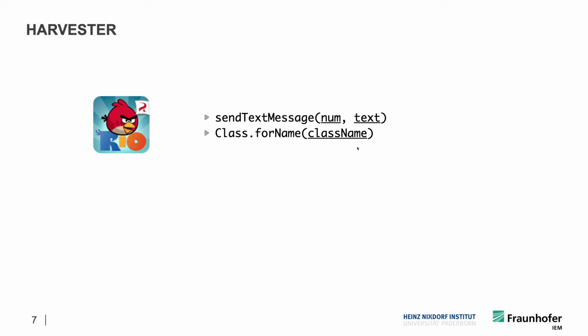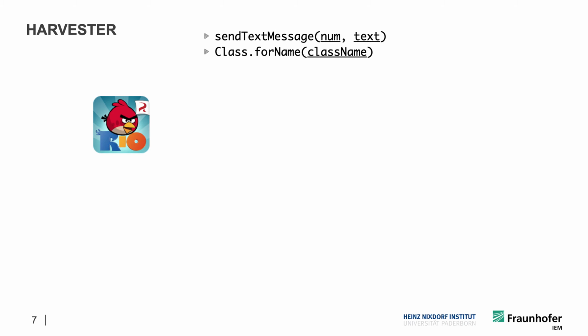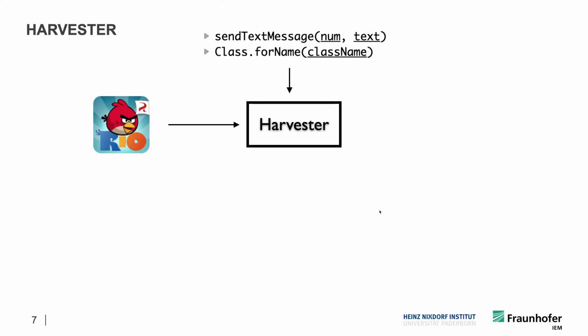And so the input to Harvester is exactly a set of such signatures, right? So we tell Harvester, first of all, that these are method calls that we are interested in, and that these in particular are arguments that we are interested in, right? So we basically have a file format that allows us to have a customized specification of these API signatures and their parameters. Then this is given to Harvester, right? So the app under analysis and this configuration or specification.